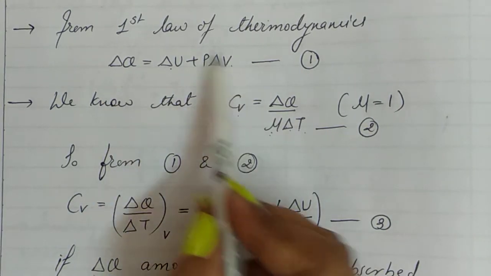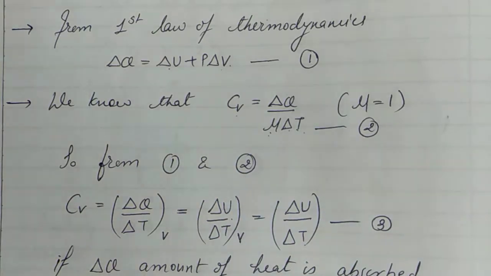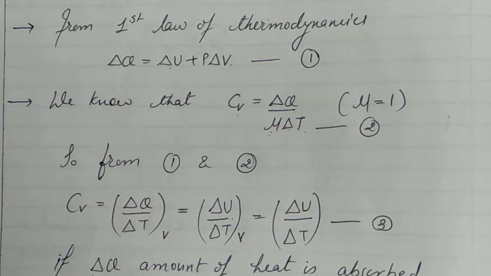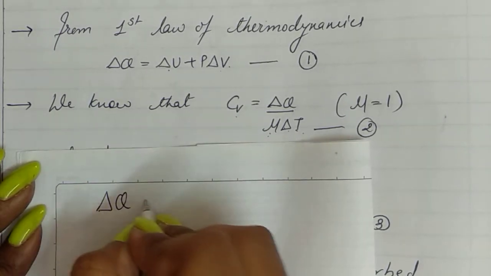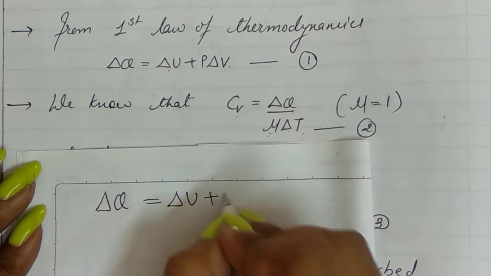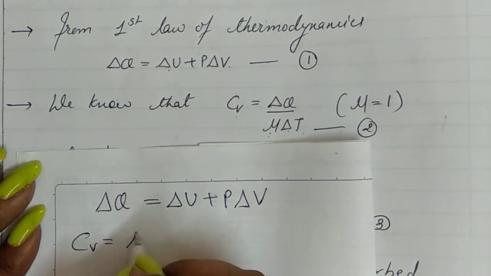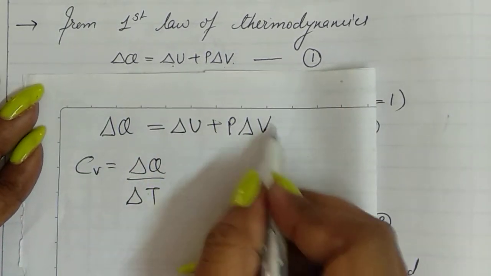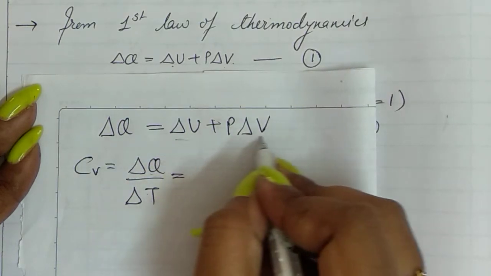Now from this equation, I'll obtain delta Q by delta T. In fact, what I want to do is differentiate this equation with respect to delta T. So just see here, we have delta Q equals delta U plus P delta V, and when I want to obtain Cv, that is delta Q by delta T, I'll apply this over this equation. Instead of delta Q, I'll substitute this value.